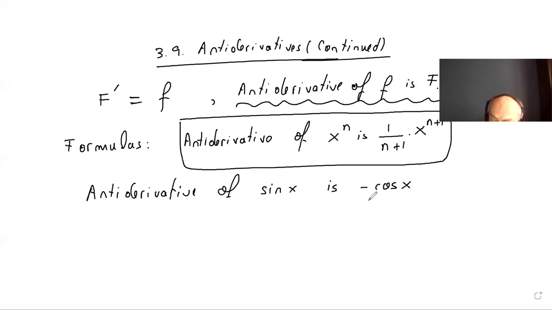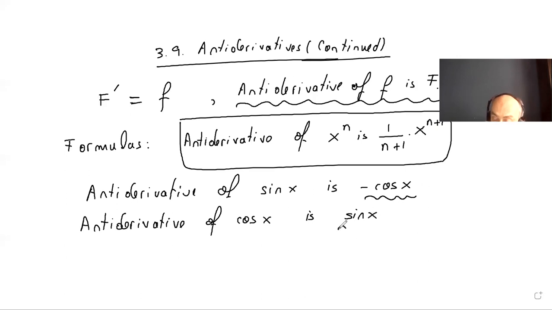So you can check yourself that the derivative of negative cosine x gives you sine x. The derivative of cosine x is negative sine x. All right, so this is 1 there.